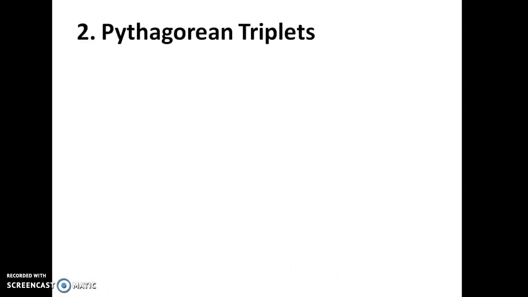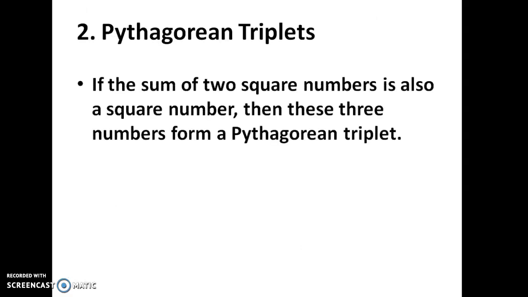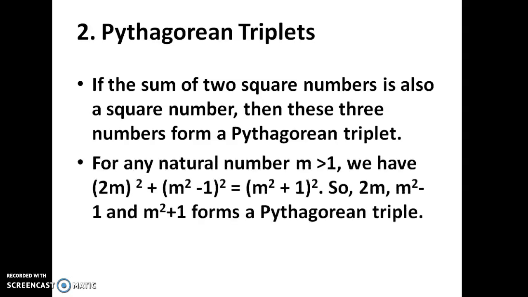The next topic is Pythagorean triplets. If the sum of two square numbers is also a square number, then these three numbers form a Pythagorean triplet. Let me explain an example first, then I'll move to the general form. 6 square is a square number and 8 square is a square number.